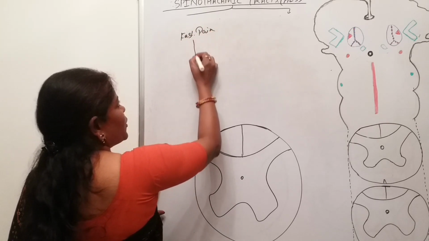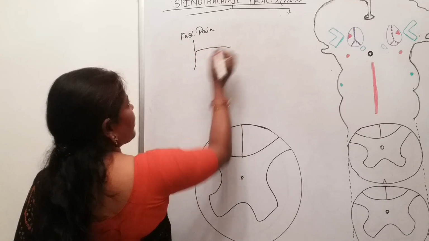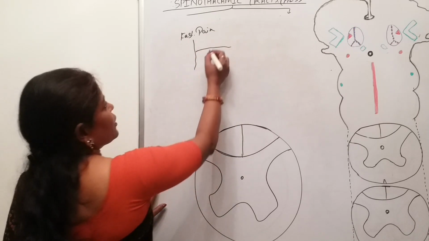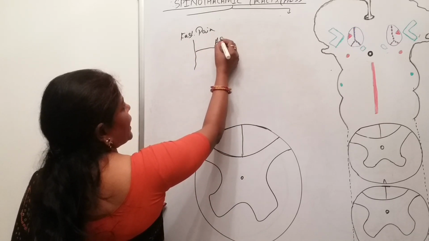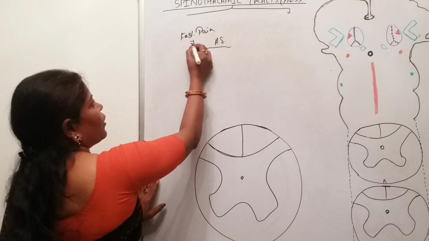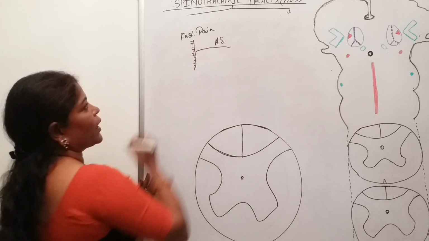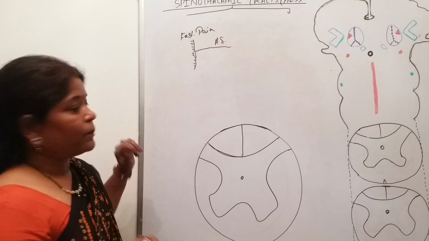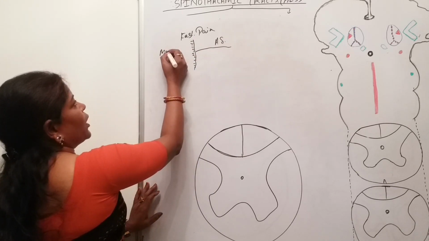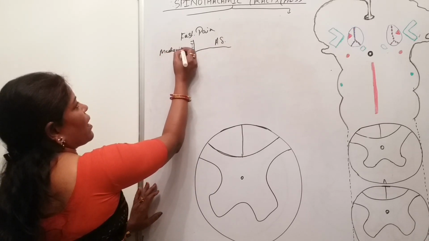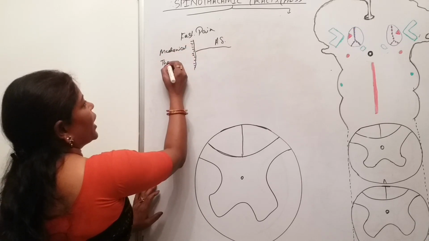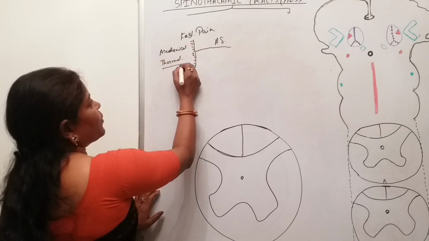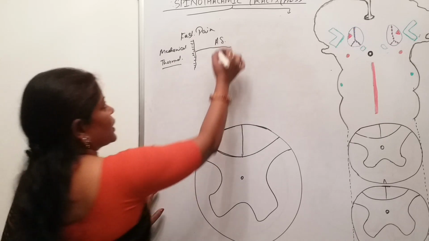Now, how are the fast pain fibers stimulated? These are the fibers of the fast pain, that means carried by the A delta fibers. How are these A delta fibers conveying the fast pain stimulated? By mechanical or thermal stimulus, because they also carry cold temperature along with the fast pain.